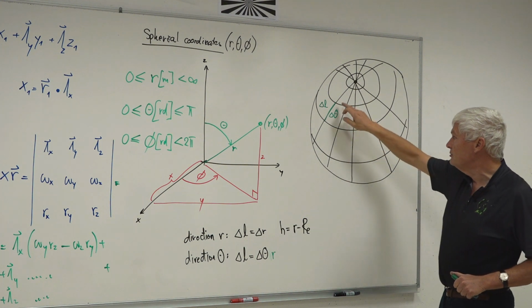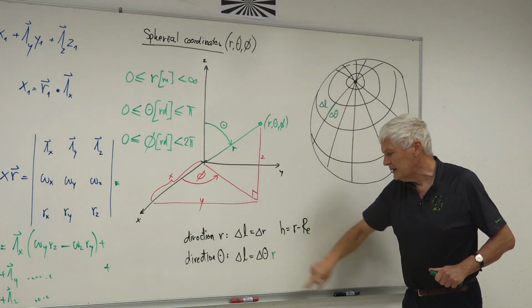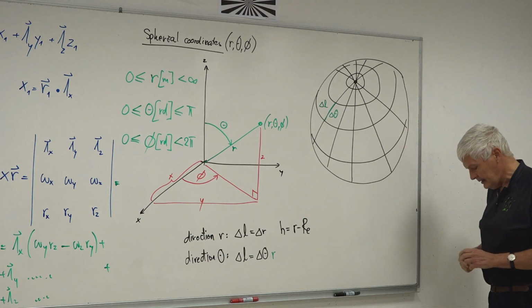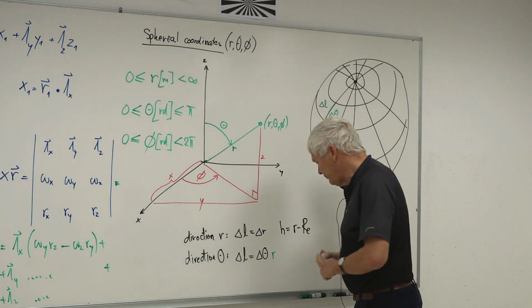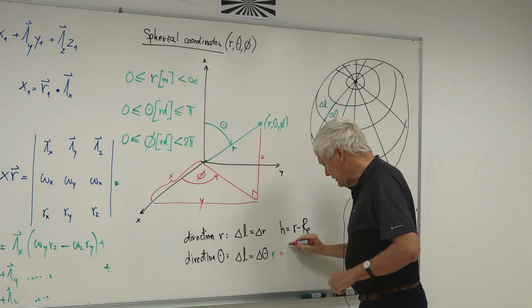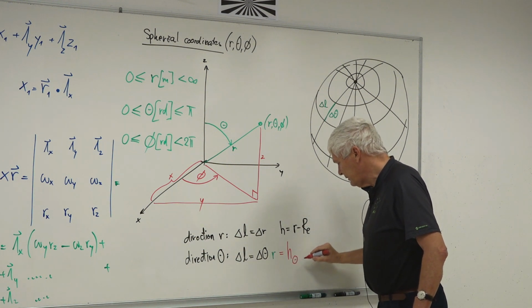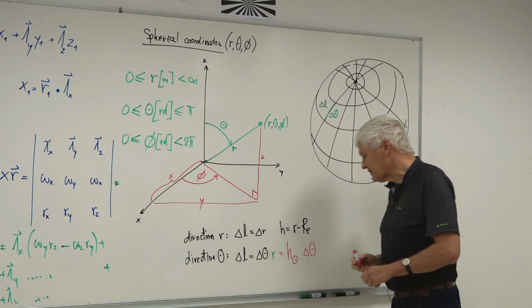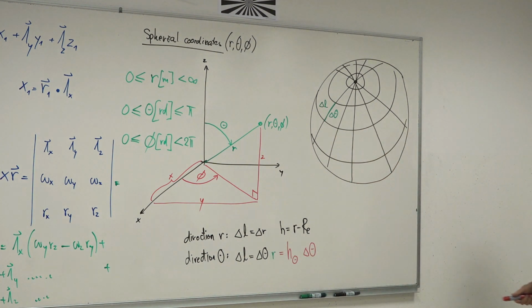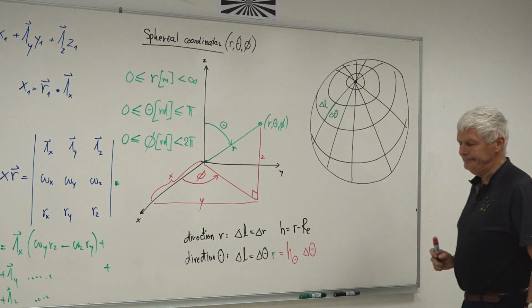This distance is exactly proportional to delta theta and to the radius at which I am traveling around. This can also be rewritten in a more mathematical form: an h, a Lamé coefficient for the coordinate theta, times delta theta. This Lamé coefficient, or scale factor, makes the conversion from angular units to distance units.